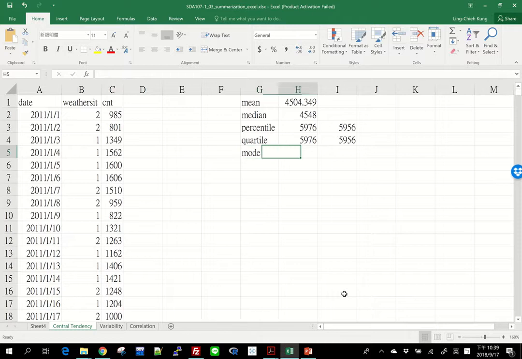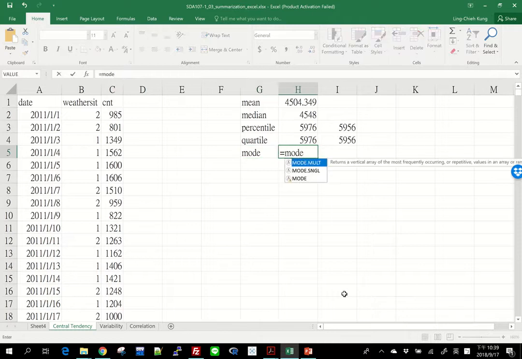Last one, we have mode. So there is a function called mode. And again, there are two options. You have mode.mult, multiple mode, or single mode. The reason is the following. When we are trying to find the mode of a set of values, in many cases there are multiple modes.